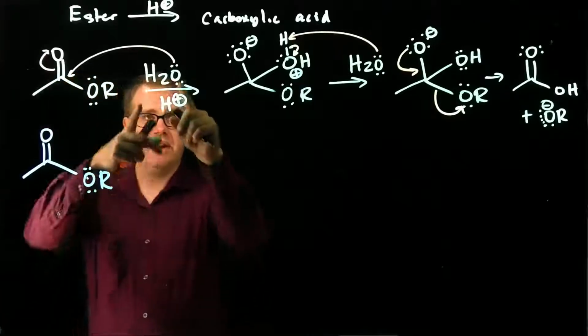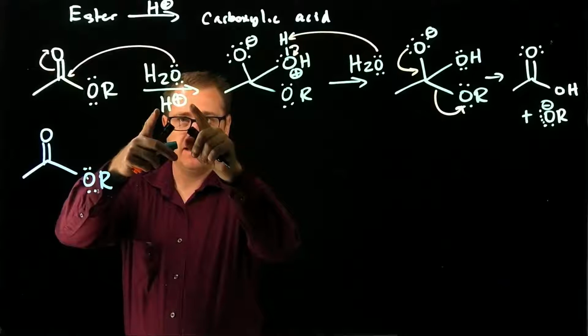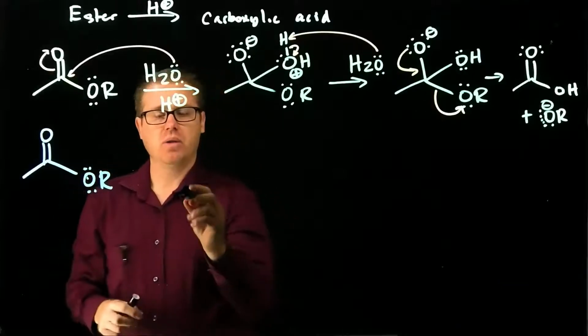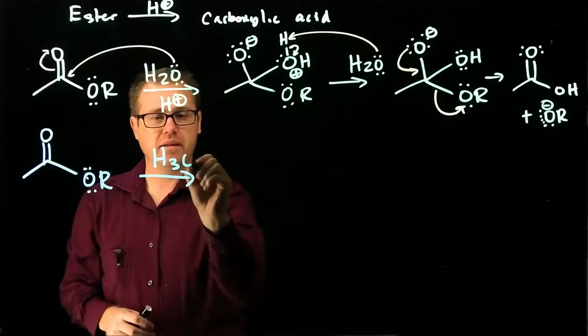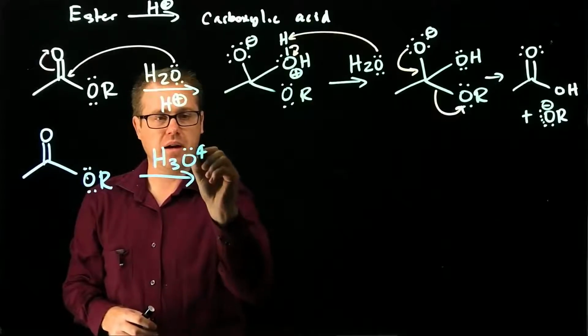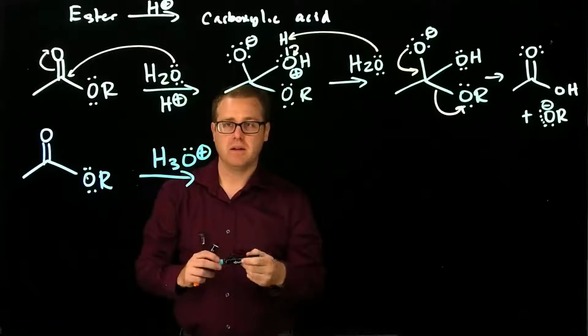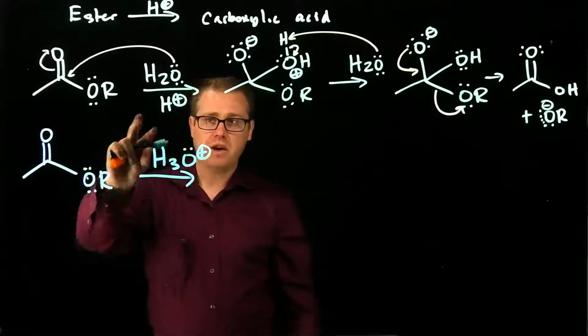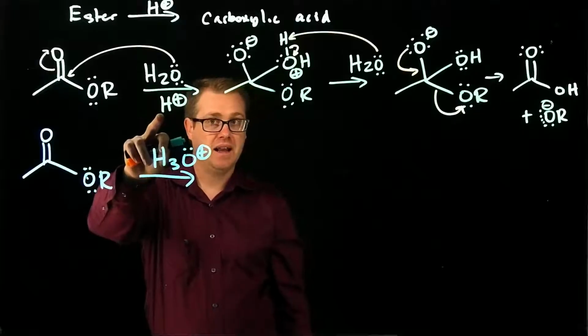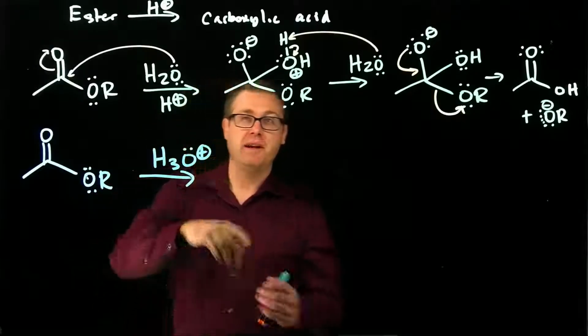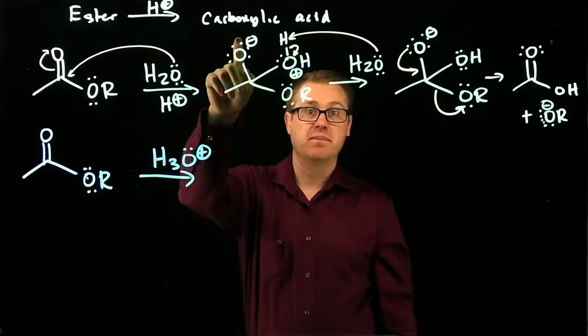So what we have here is water in acidic conditions. So what that's actually going to do for us is create the hydronium ion. Whenever you are under acidic conditions, it is highly, highly unlikely for you to create something that's basic.